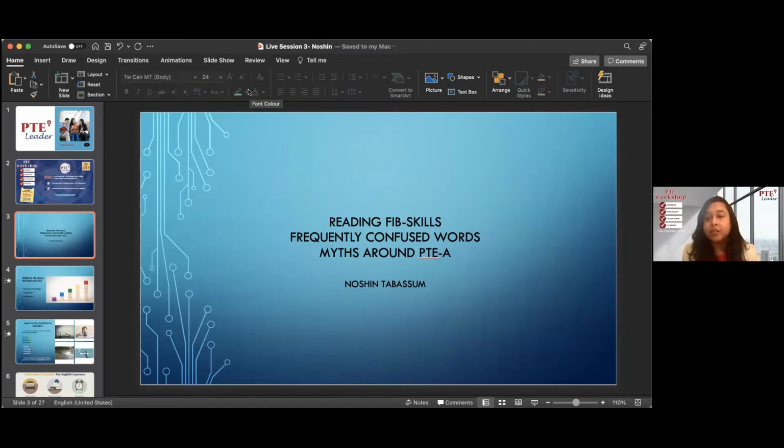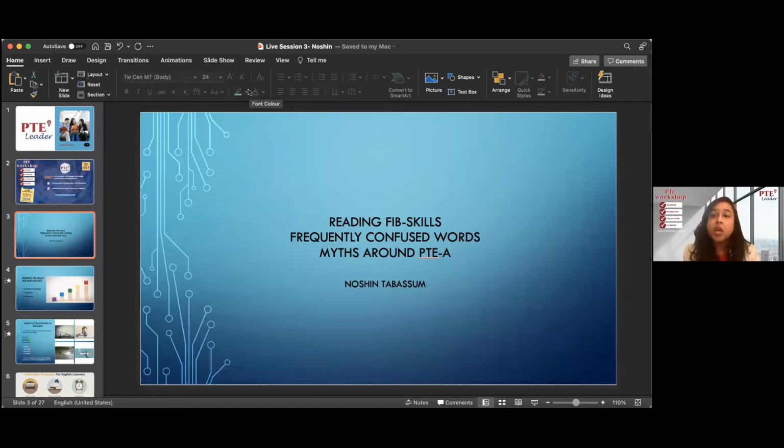But sometimes these fill in the blanks are pretty hard for English language speakers, because you need other associated knowledge to be able to answer them. So we are going to talk about the building blocks, or the main things you need to work on if you want to get a better score in fill in the blanks from the reading section, and also for fill in the blanks in the listening section.